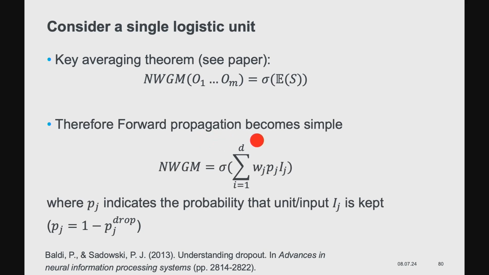And then forward propagation is very simple. You put into the sigmoid this weighted terms from the previous layer. The P indicates whether that particular unit is kept or dropped. So this P is just 1 minus the dropout probability.